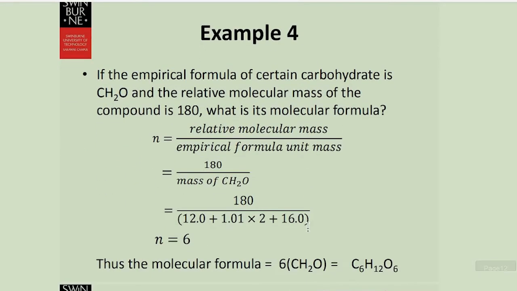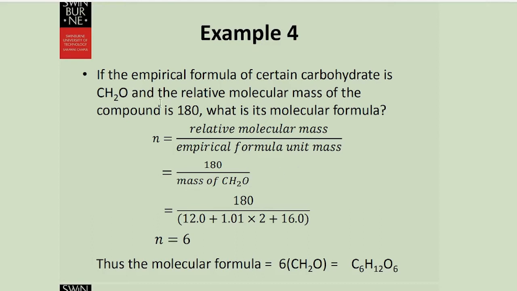Okay, so from the empirical formula, how do we find the molecular formula? There is a formula for this. If we find the relative molecular mass for this molecule, we divide by the empirical formula mass.